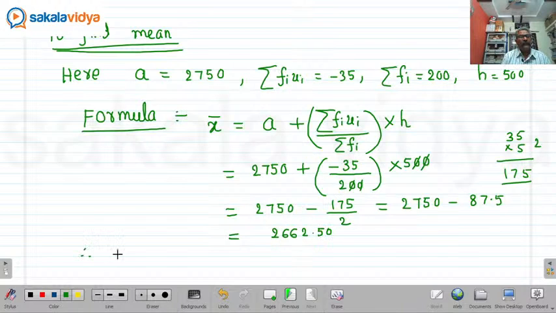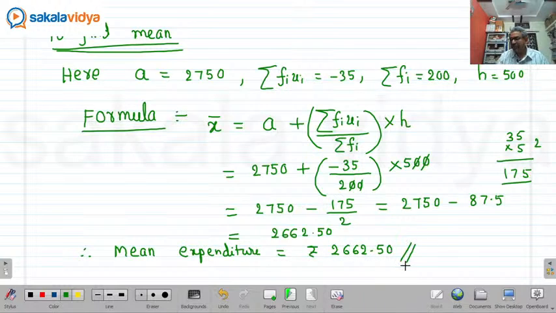So therefore mean expenditure equals rupees 2662.50. This is the answer. Okay, all of you check your solutions.